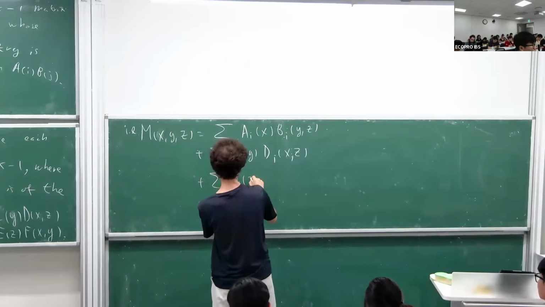So by the sublemma, which we just proved, there is an f in the complement with at least this many non-zero entries. Okay, so I just write down what that means.